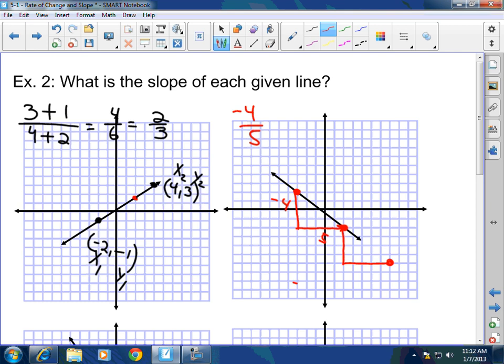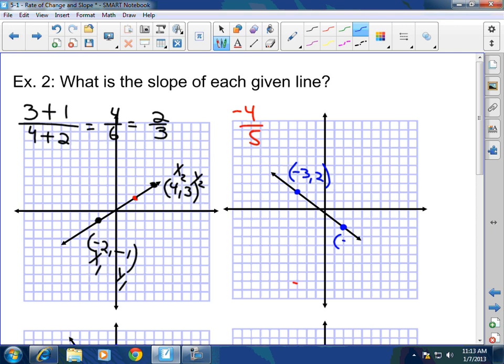Okay, now, let's say that I didn't want to do it that way. For whatever reason, you were nervous, you didn't want to do it that way. You want to do it the long way. Okay, that's fine. Pick your points. This is going to be -3, 2.